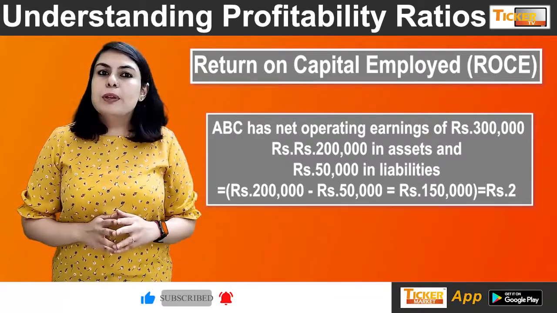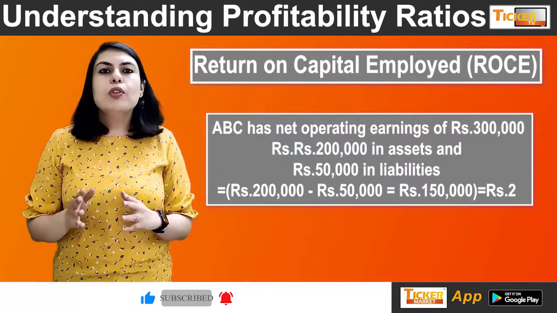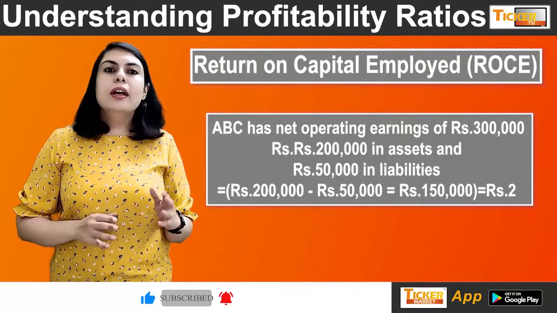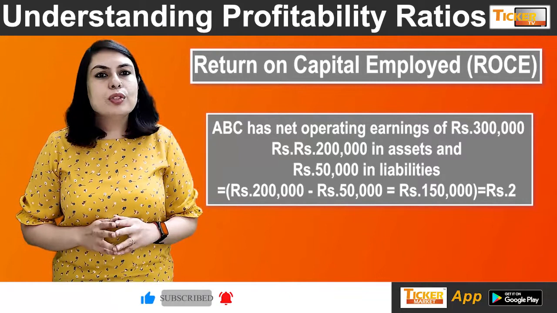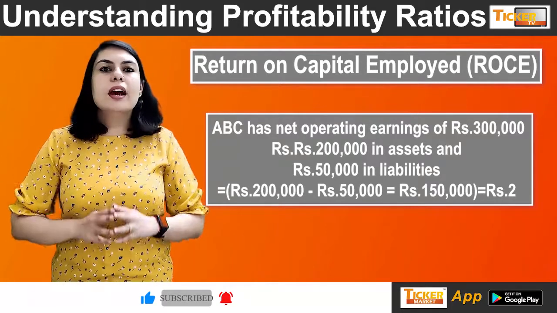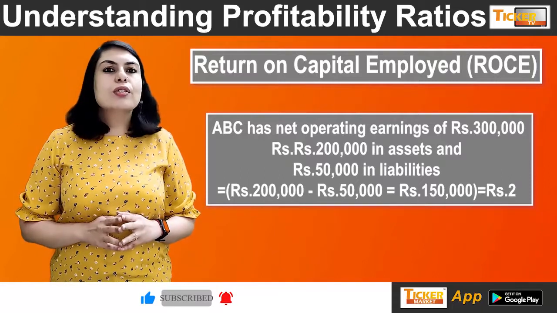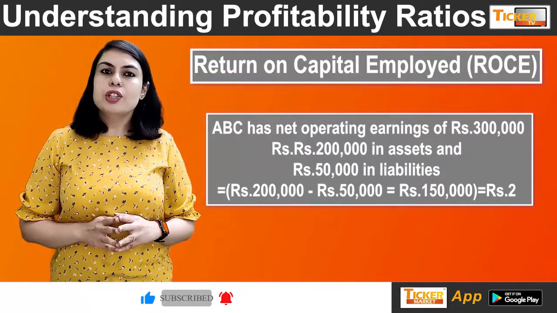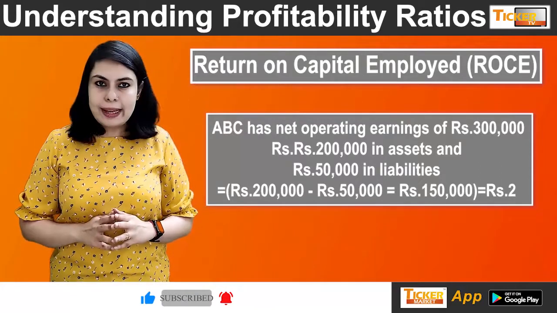This would give you a figure of rupees 2, which means that for every 1 rupee invested in capital employed, ABC earns rupees 2. A higher EBIT compared to the total capital employed would result in a higher return on capital employed ratio, which means that the total assets or the capital employed in the business operations generate higher returns for the company. This indicates good financial health.